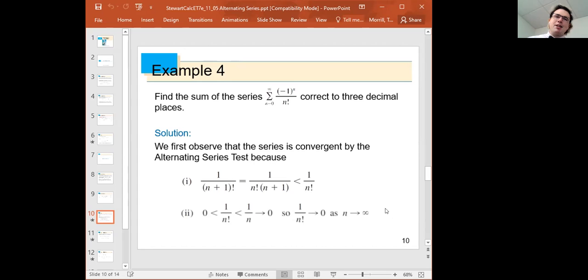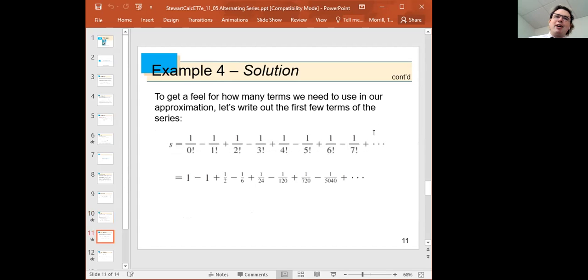In the limit, as n goes to infinity, these fractions are going to go to 0. That's my alternating series test. Now let's actually find a value for this thing. I know that my first couple of terms here are +1 and then -1, +1/2, -1/6, +1/24, and so on.